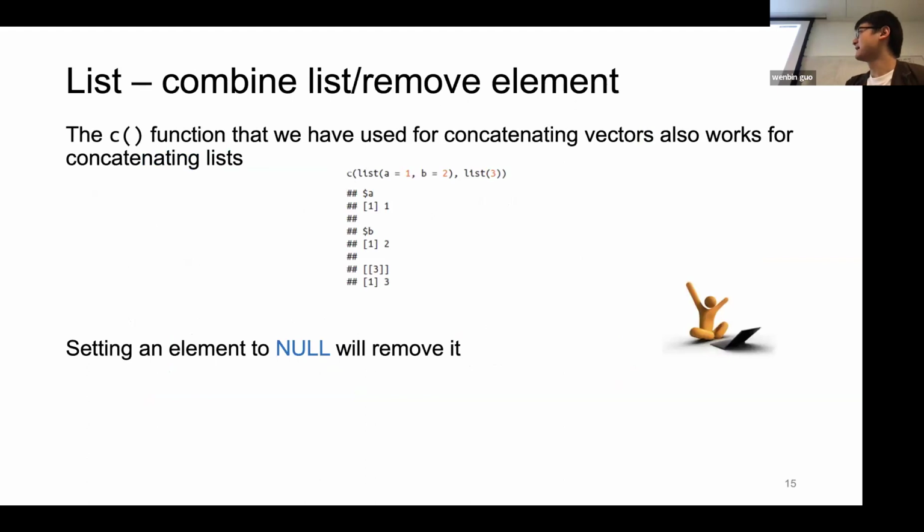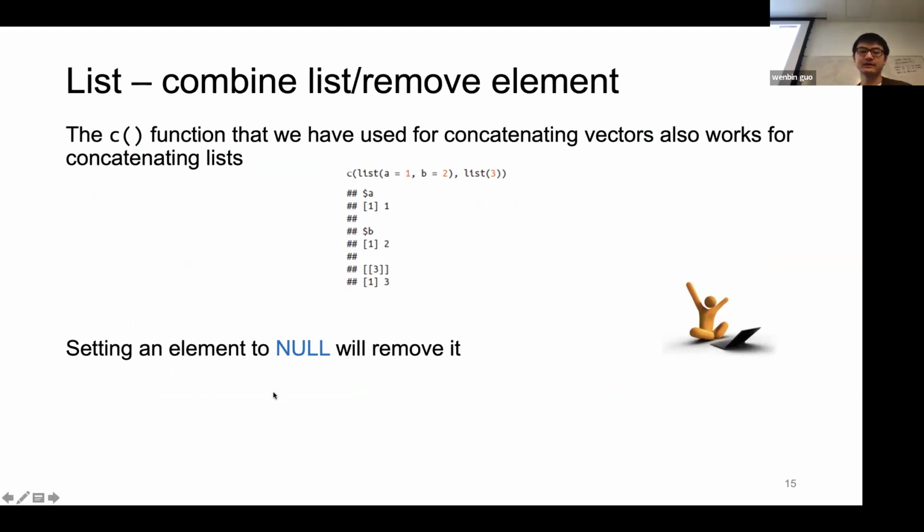And if you want to combine lists or remove some element, you can consider using the c function we talked about. This c function is useful when you are working with vectors, but here you can also use it with lists. It will concatenate the two lists into the final list.